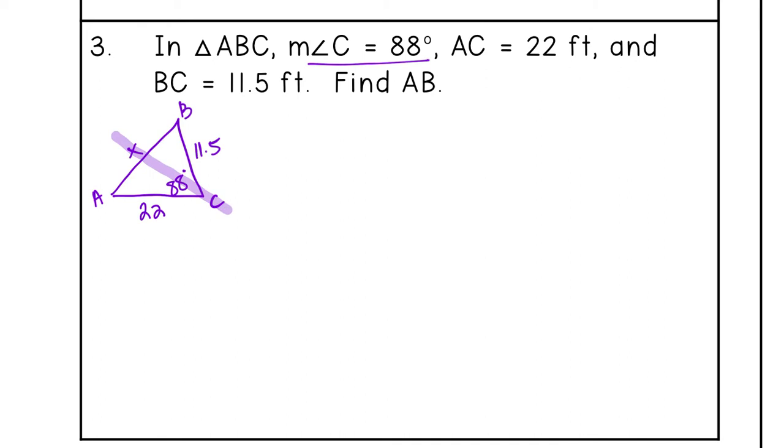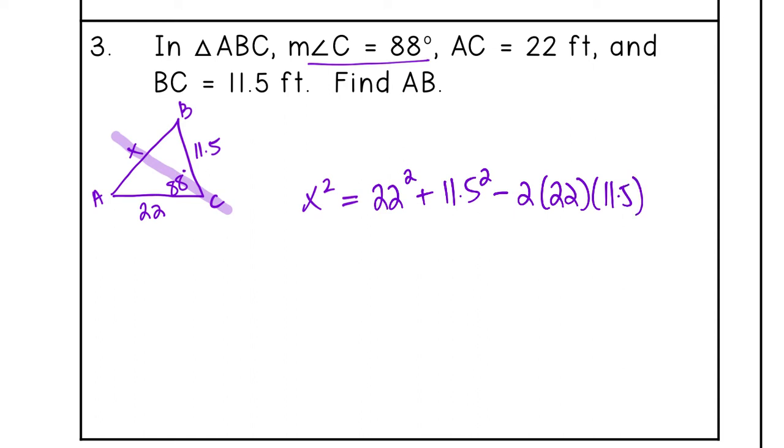So we're going to have x squared is equal to the two other sides that we have. So 22 squared plus 11.5 squared minus 2, those same two numbers, cosine of that angle that was across, so 88.